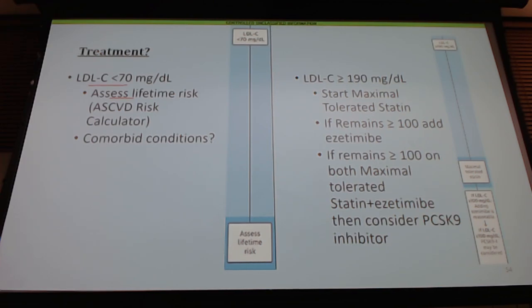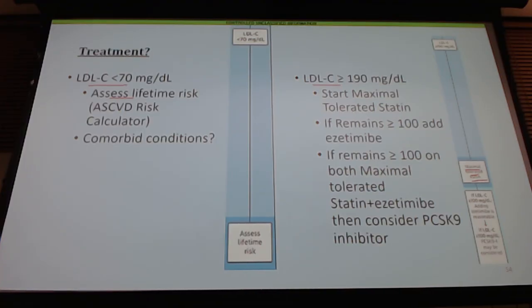So the other side of the extreme is having that severely elevated LDL, where now the LDL is greater than 190. When I look down the algorithm, it says maximal tolerated statin.